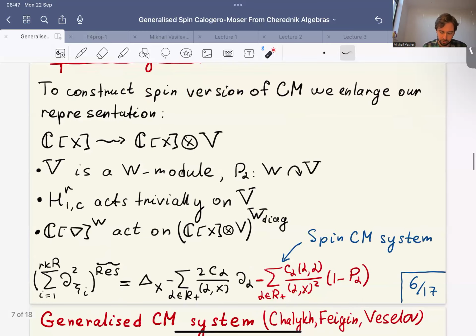And then we can restrict this sum of squares of Nablas. Sorry, this should have been Nablas squared.